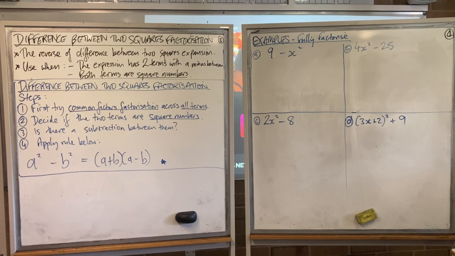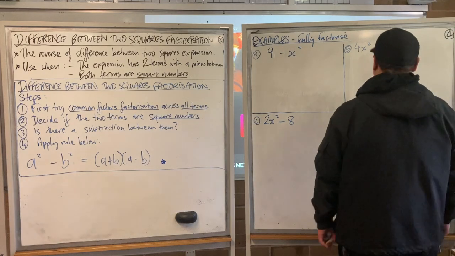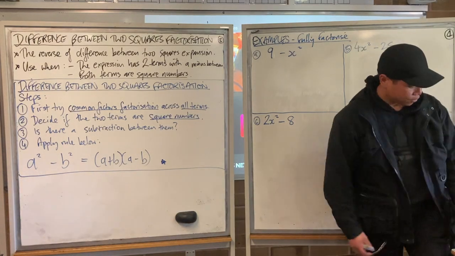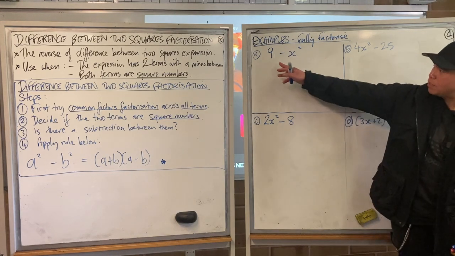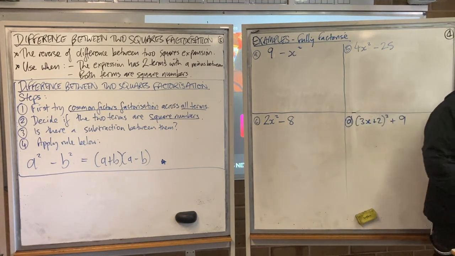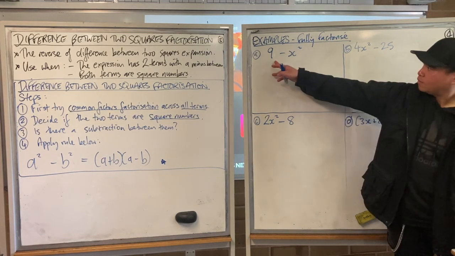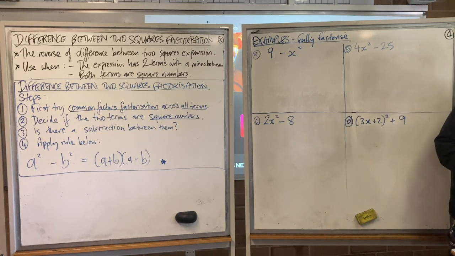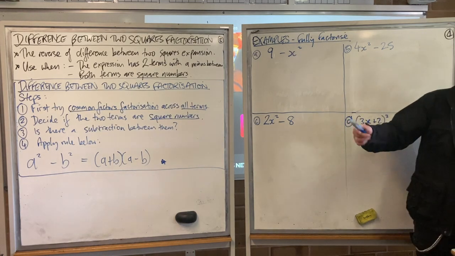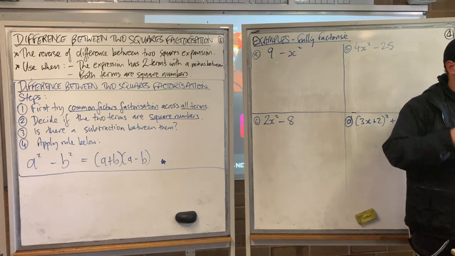Now let's have a look-see. Example A. First try common factors. What numbers can I times to get 9? 3 and 3, 1 and 9. There's no common factors between 9 and x squared, so skip step 1. Decide if the two terms are square numbers. Is 9 a square number?